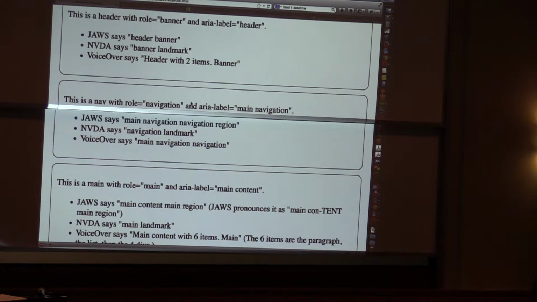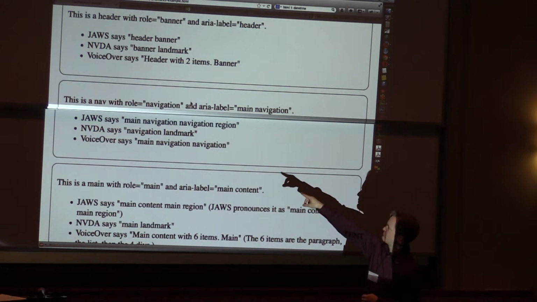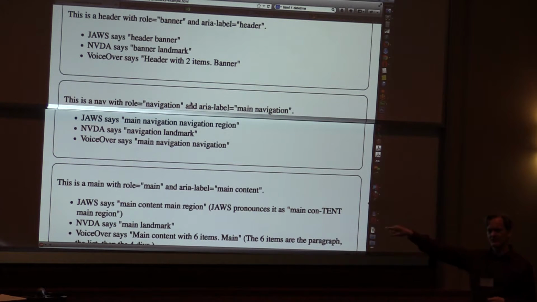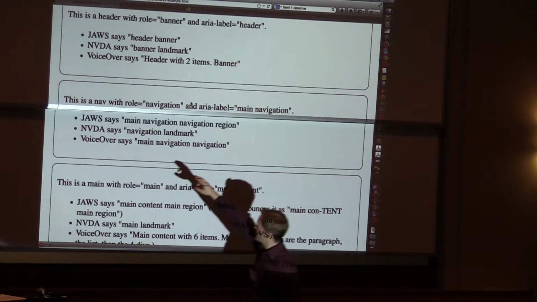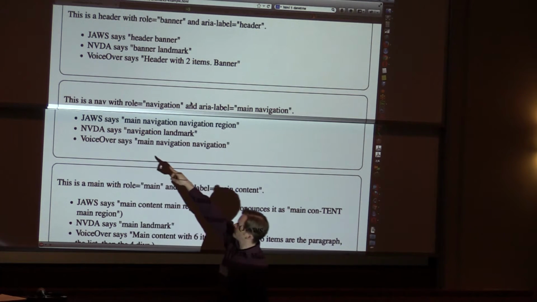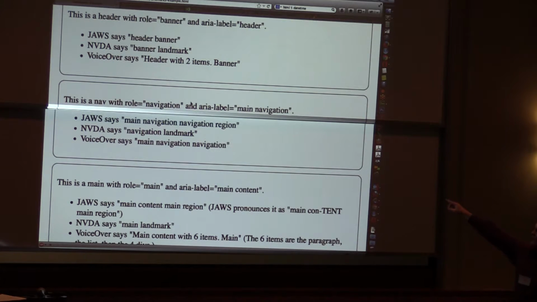JAWS at least does say it, but it does say it twice. But let me back up though. What it's saying twice is actually the label plus telling you what it is. So if you look closely at what I'm doing, this up here is my description of what it is. This is a nav tag with role navigation and ARIA label of main navigation.